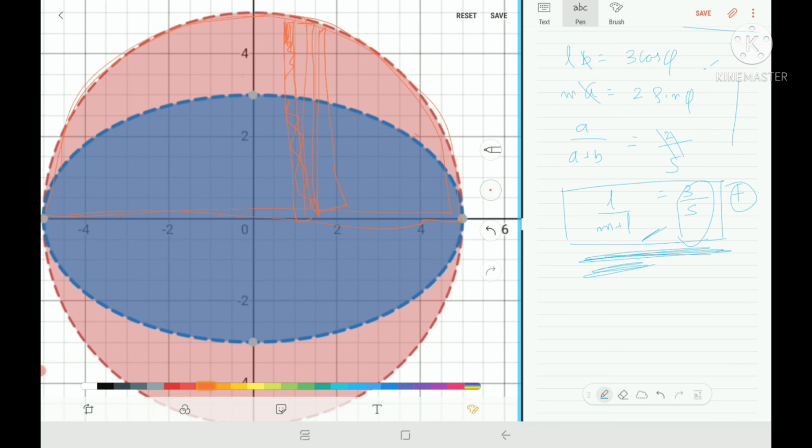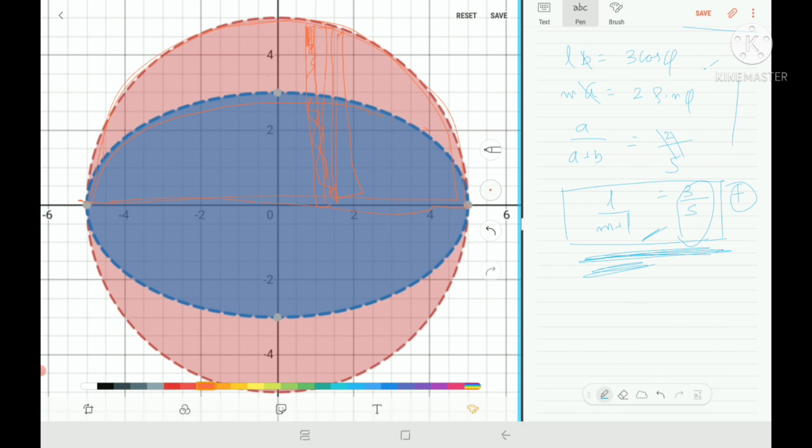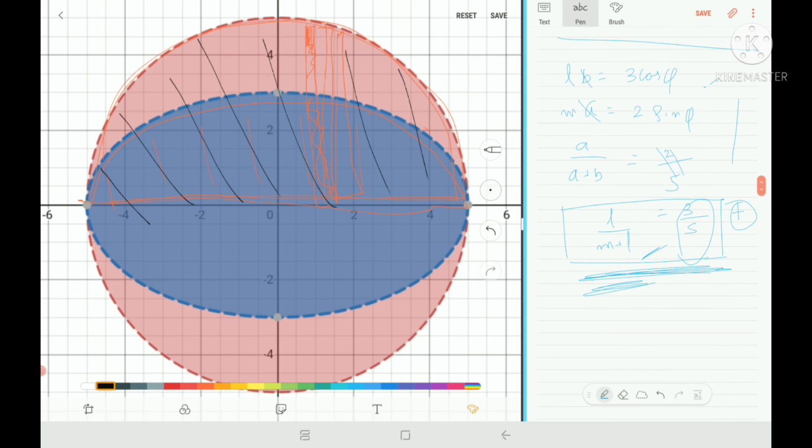So in short, what you have just found out is that the area of this region to the area of this whole semicircle is 3 by 5.